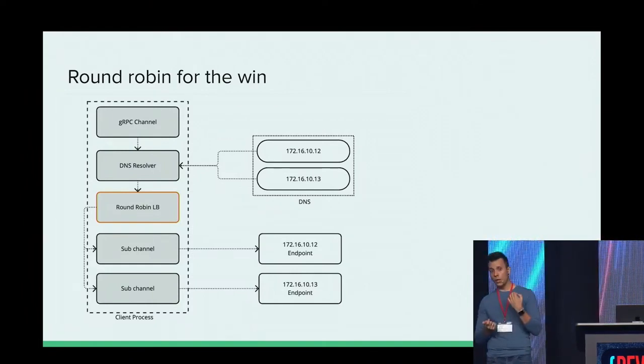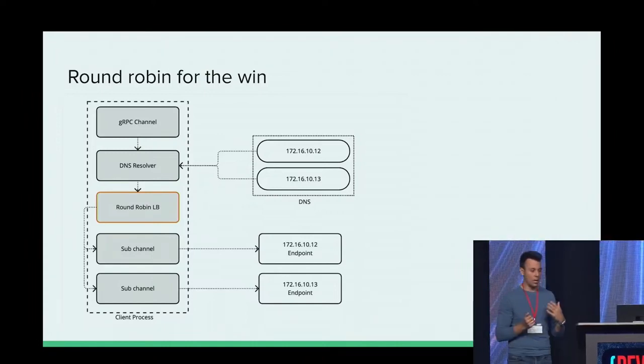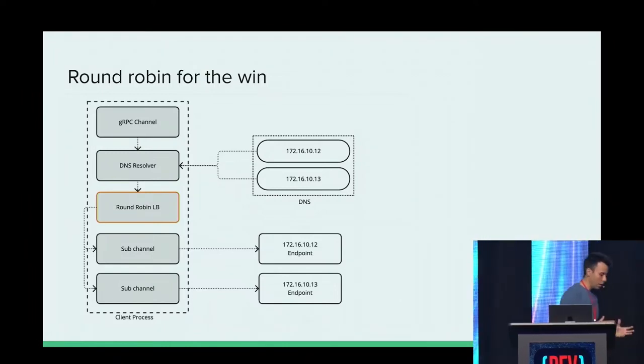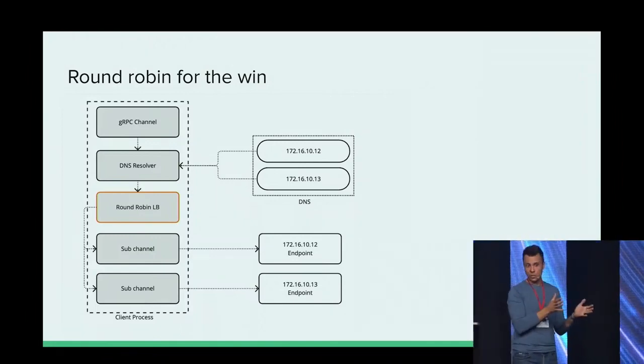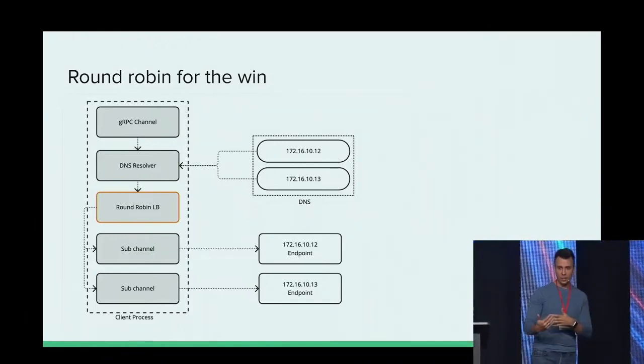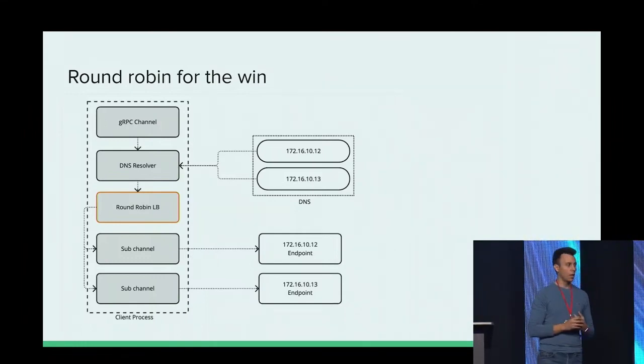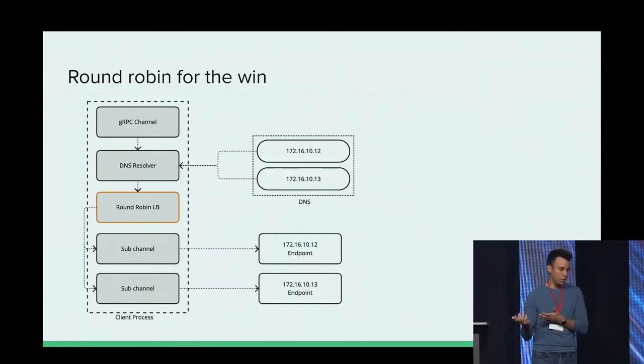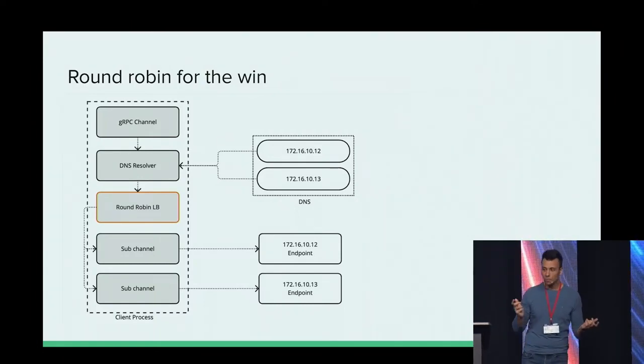Even more, we can use client-side health checks. gRPC has a standard health check API, which is itself a gRPC API. So gRPC extends the protocol with this health check, which we can implement on the server, and we can instruct the client to honor it in the service config.